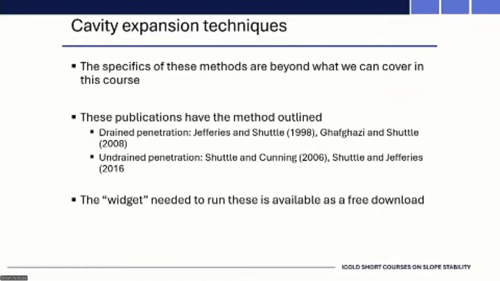That's available if you get access to the Jeffries and Been book. They give you a link and you can download and play around with this widget. So you then need to convert from this cavity expansion method, which is based on laboratory measured parameters, to estimates of what the likely CPT response is.